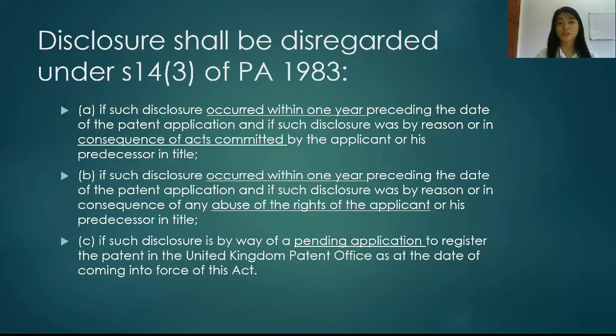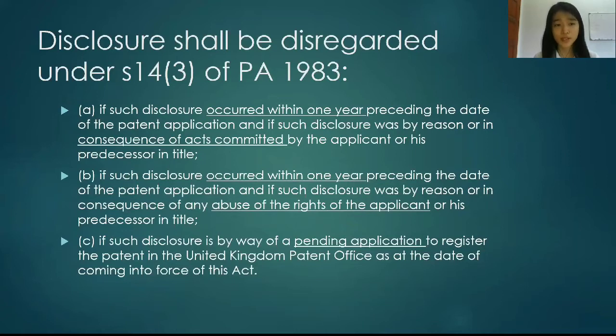There are three exceptional situations in which the disclosure shall be disregarded under Section 14 clause 3 of the same Act. The first is if such disclosure occurred within 1 year preceding the date of the patent application, and if such disclosure was by reason or in consequence of an act committed by the applicant or his predecessor entitled.